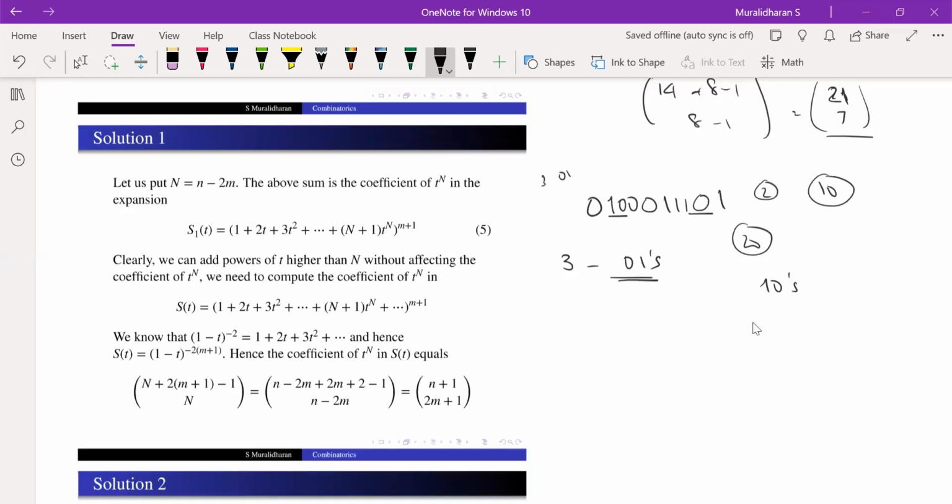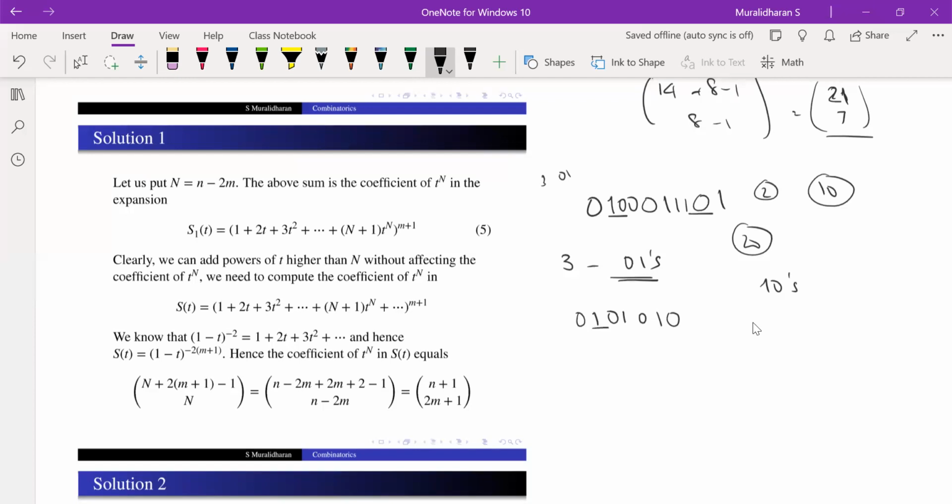Anything else is possible? I have 01, and 01, and 01. So this also has three 01s, but how many 10s are there?